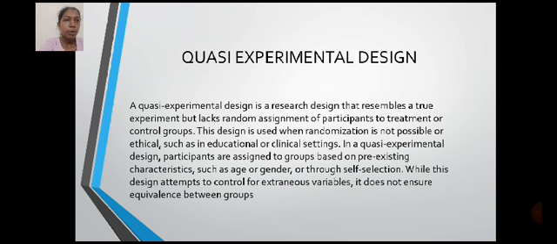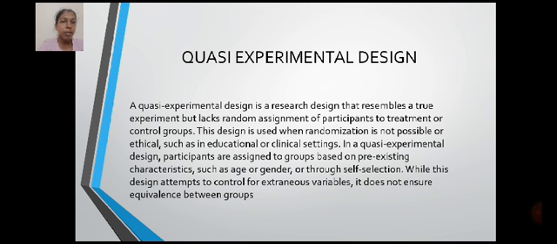This is an experimental design that resembles a true experiment but lacks random assignment of participants to treatment or control groups. This design is used when randomization is not possible or ethical, such as in educational or clinical settings.